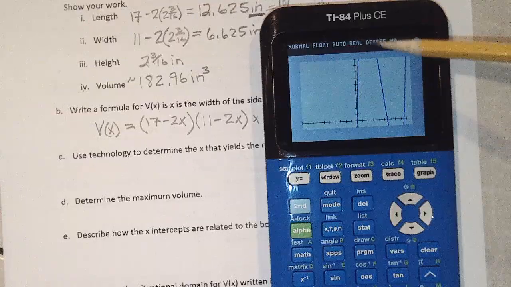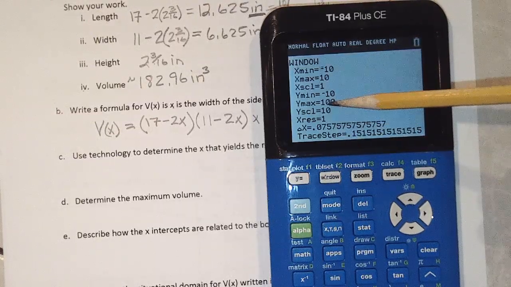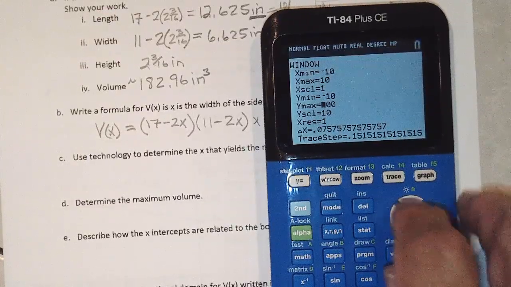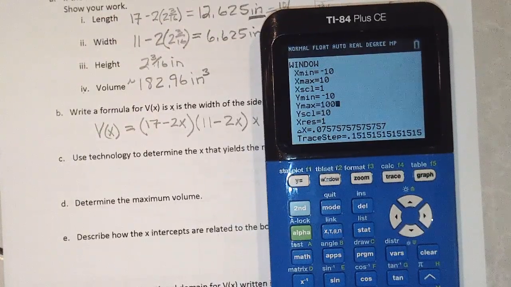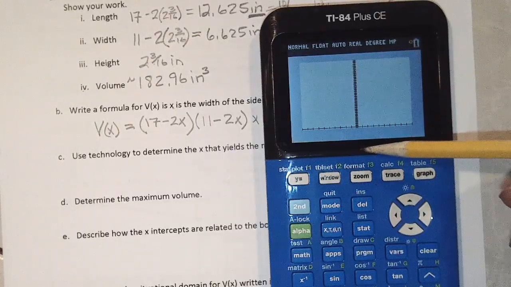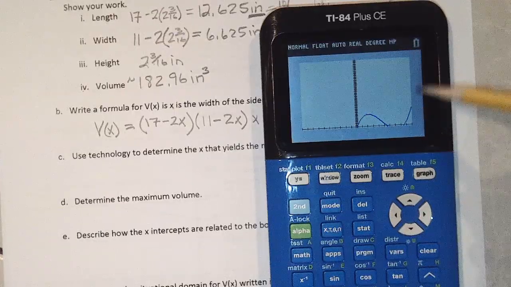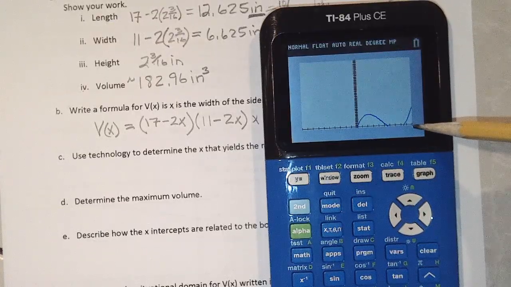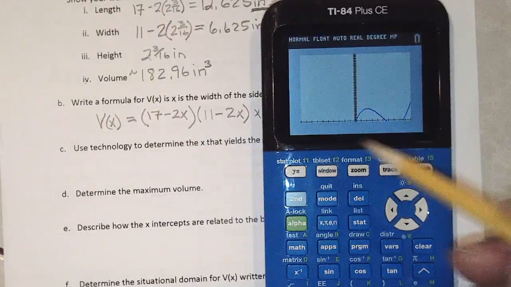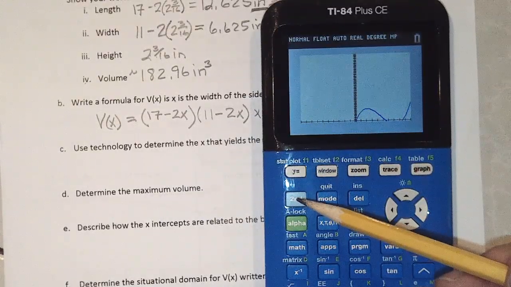So the maximum is up off the screen, and I could go back and change my window to go to a higher maximum, like maybe 1,000, and graph it. And I'll see it come up and go down, and it reaches a maximum there, and then it goes into this nonsensical part over here. So I want to know the maximum there, so I can go on Desmos, you can just tap it and it'll find the max.